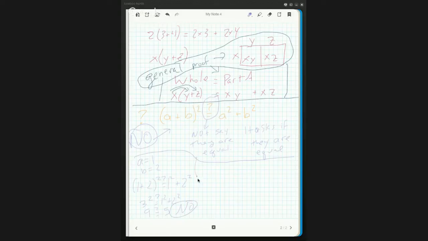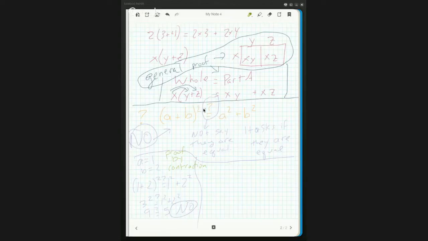So this is called a proof by contradiction. I have this rule, and I just proved that it's not true by finding one example of this not being true.